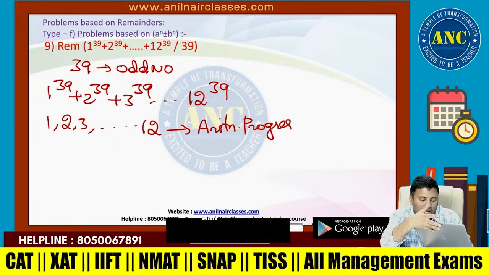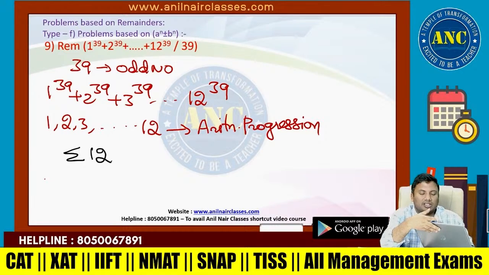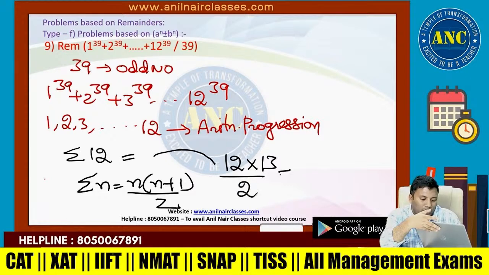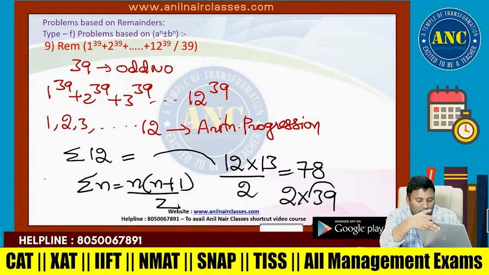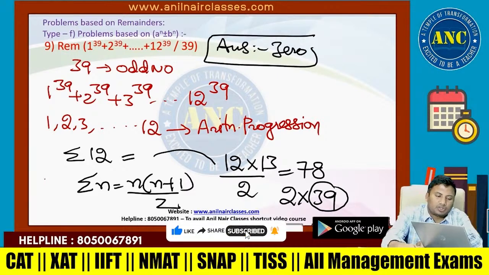If it is in arithmetic progression and the power is an odd number, it is divisible by the sum of the bases. Summation n is n into n plus 1 divided by 2. So this will become 12 into 12 plus 1 by 2, which is 78. 78 is 2 into 39. So answer for this question is 0.